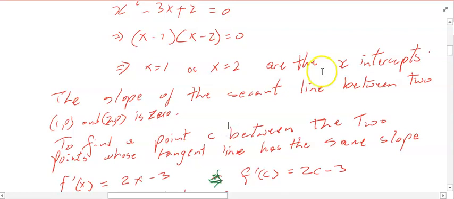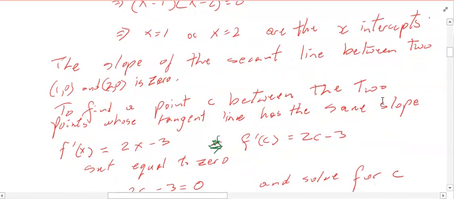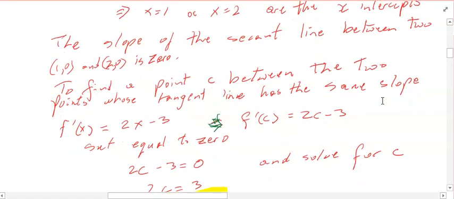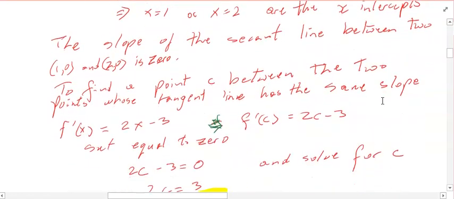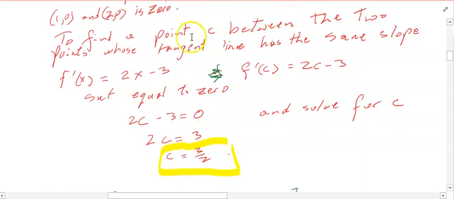To find the c between the two points whose tangent line has the same slope, which is a slope of 0, we need to find the derivative of our function. So f prime of x is equal to 2x minus 3. At the specific point c, f prime of c would be equal to 2c minus 3.